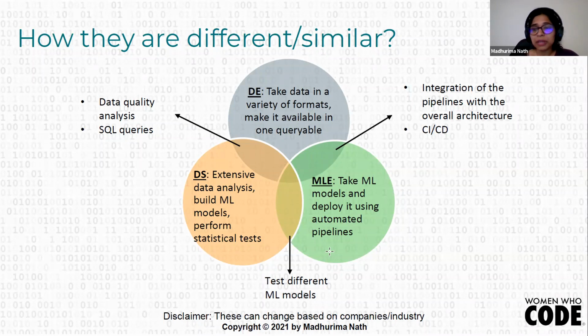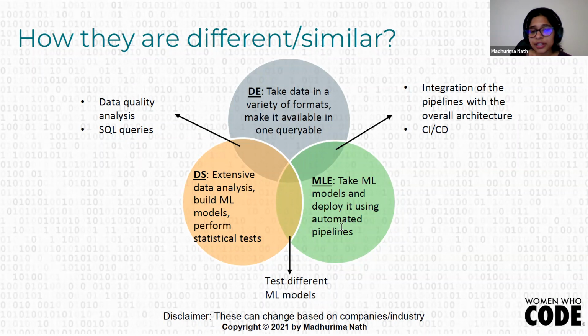Maybe you are getting 85% accuracy, but it's doing very well in production, it's well integrated with everything, and you don't have to spend 7 days to come up with the result. Those are the things a machine learning engineer will help guide a data scientist to figure out. So they work very closely to decide which machine learning model to use, and then finally deploy it in the automated pipeline.